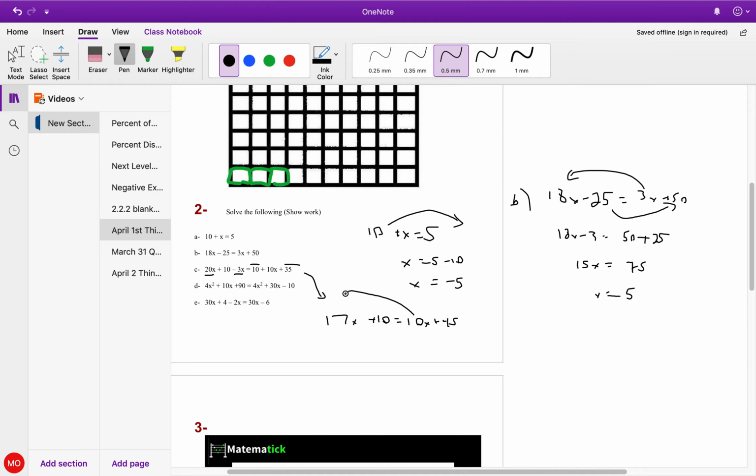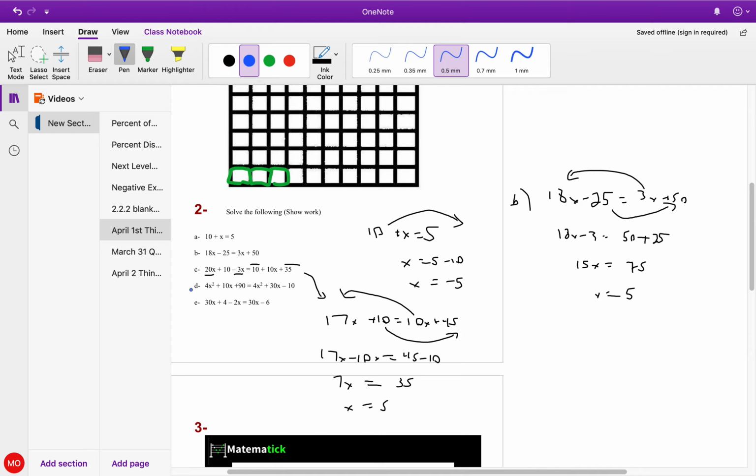Then I'm going to move this over here and this over here. When they cross the equal sign, they switch the sign. So I get 17x minus 10x equals 45 minus 10, which equals 7x equals 35. So x equals 5.